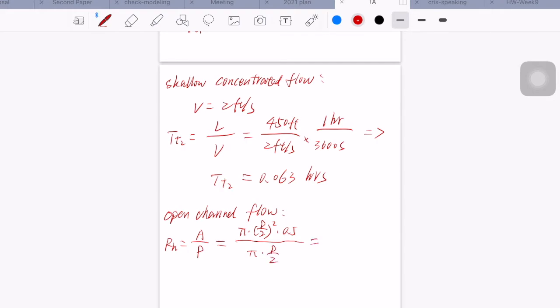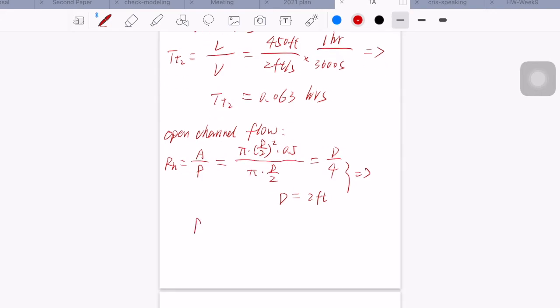So this value is D over 4. And we know the diameter of the pipe D equals 2 feet, so we can determine that RH should be equal to 0.5 feet.